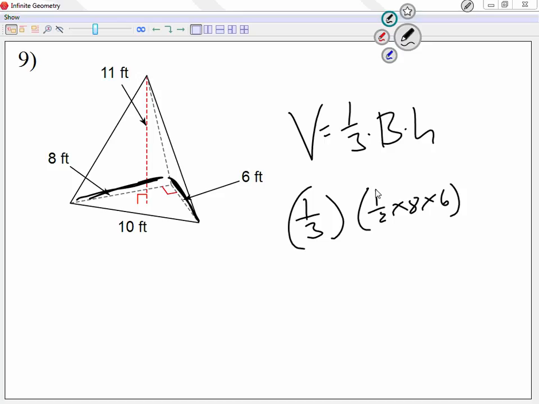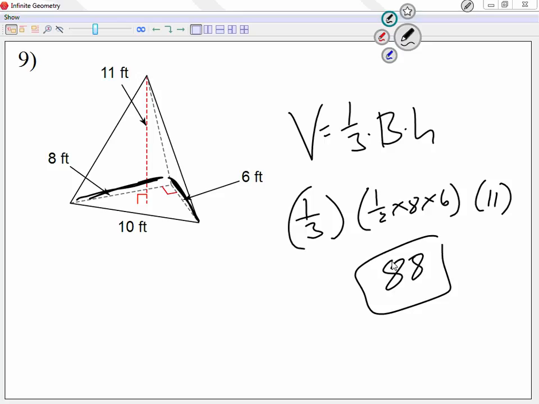So for you that have rectangles, don't use half on a rectangle. And then the height of this is 11. Now multiply that out. What do you guys get? 88. This one doesn't have decimals. It's just 88. So remember, if you have decimals, as you notice some of them will be decimals, round it to the nearest hundredth, which obviously means 2 decimal places.